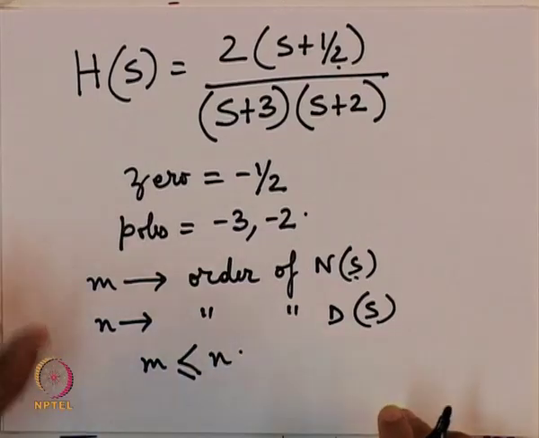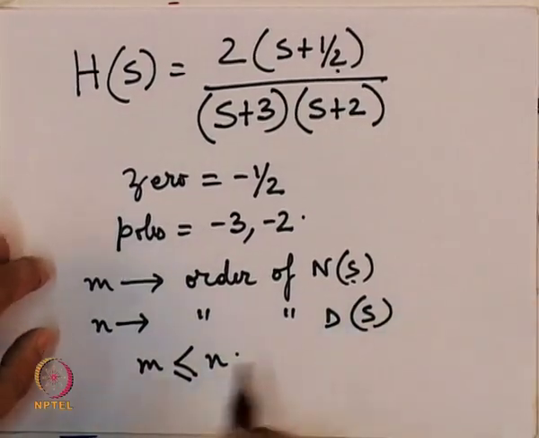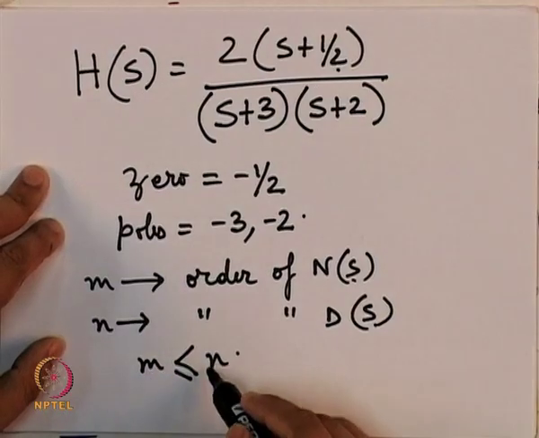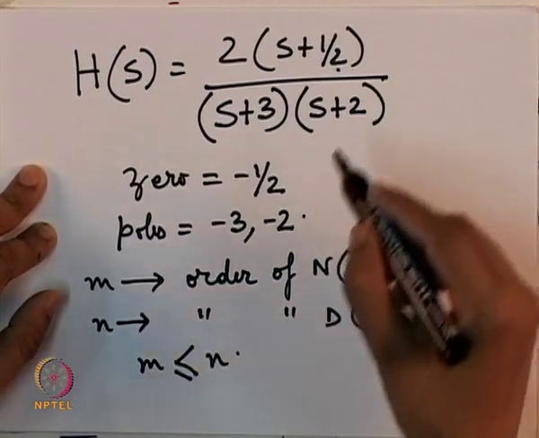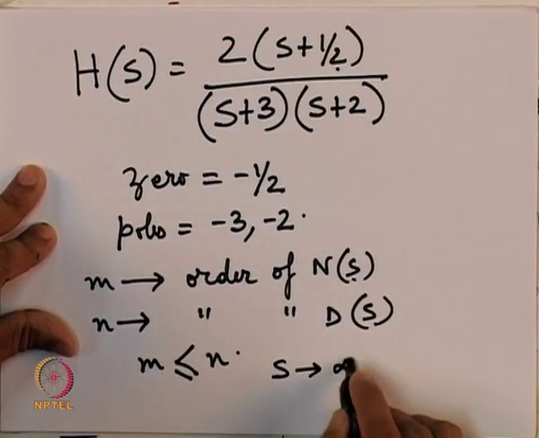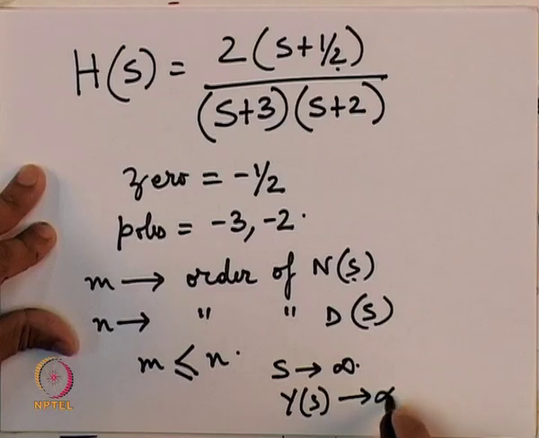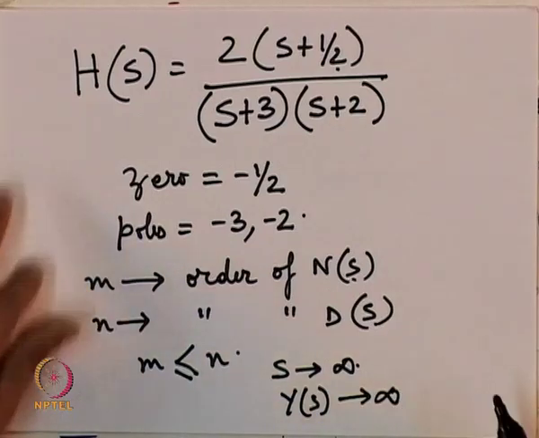The reason is that had m been allowed to be higher than n, then when s tends to infinity, that is when the frequency is very high, the output Y(s) also tends to infinity, which is not observed in physical systems.